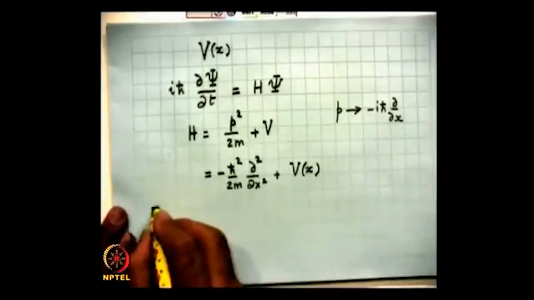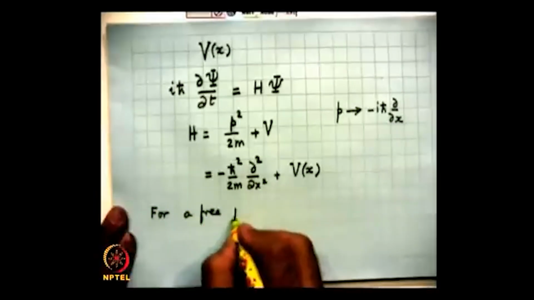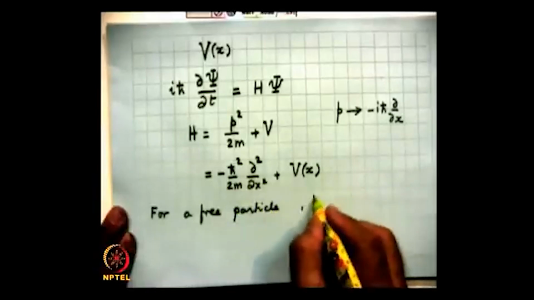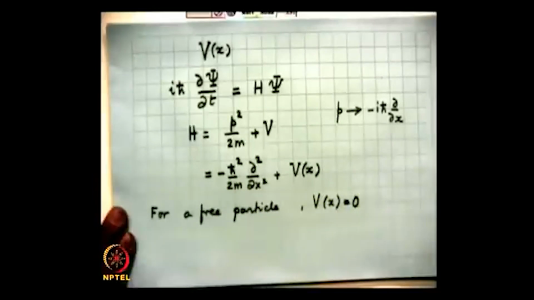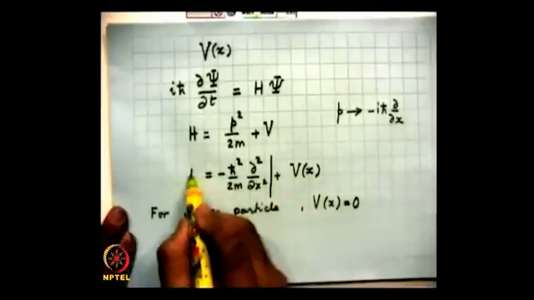For a free particle, the potential energy is 0, V of x is equal to 0 here. So, H is given by just this quantity.